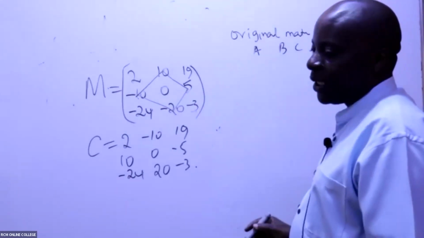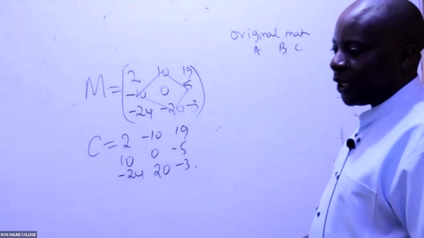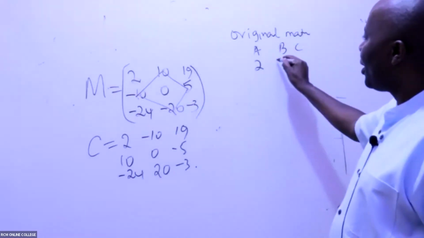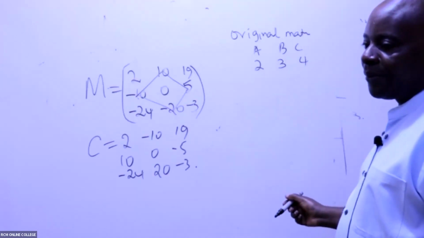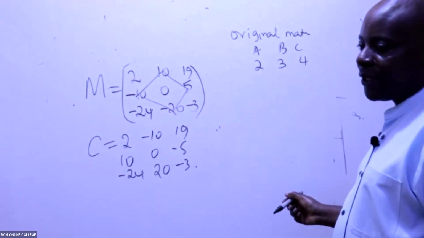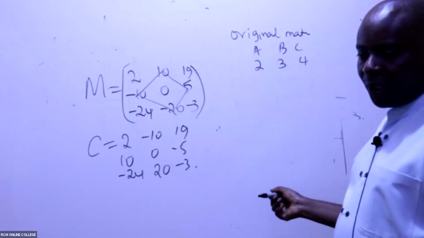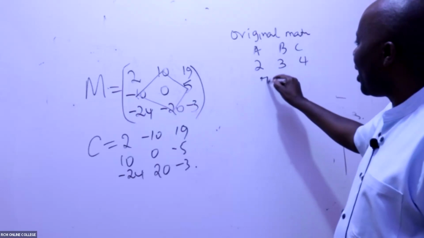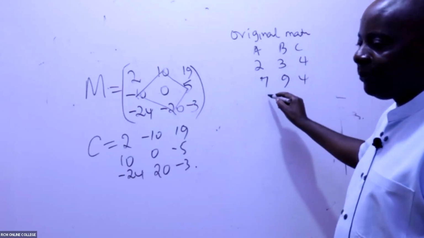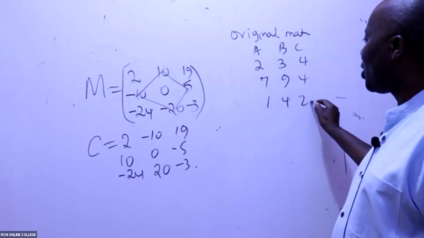The original matrix had 2, 3, 4. Then the next row, 7, 9, 4, and then the last one, 1, 4, 2. Thank you very much.